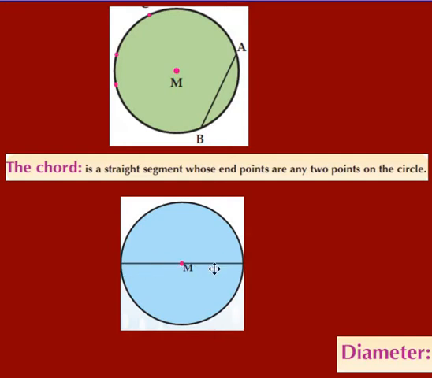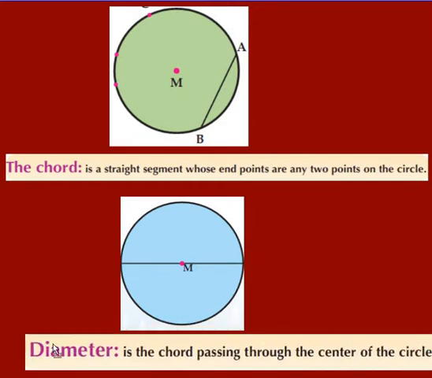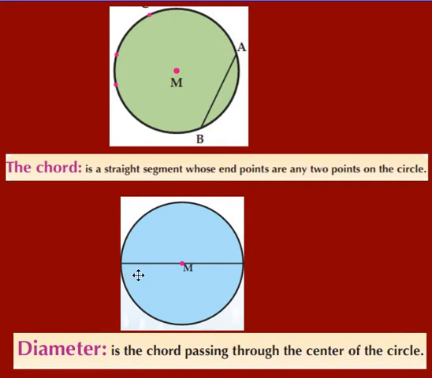In this figure, this is called diameter. Diameter is a chord passing through the center of the circle. Diameter is the longest chord in the circle. Diameter equals 2 radius length.